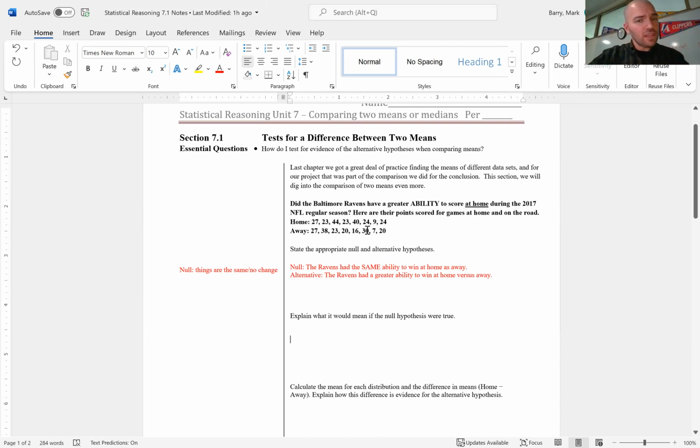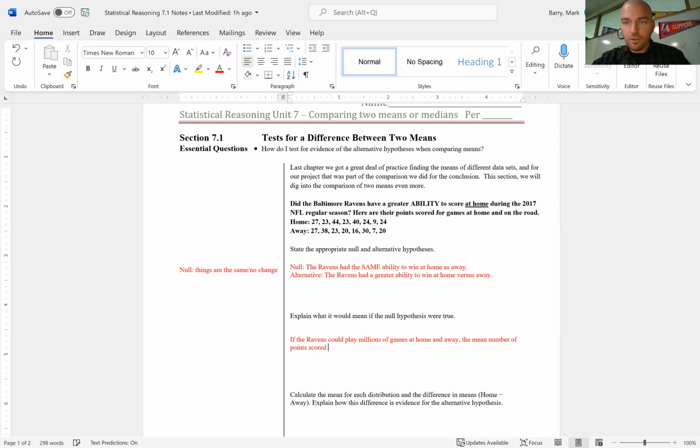And so what it would mean if the null hypothesis were true is that if the Ravens could play millions of games at home and away, so if we expanded this, so it was more than 8 games, like it says millions of games, if we just kept doing this to some huge sample size, the mean number of points scored would be the same home versus away.